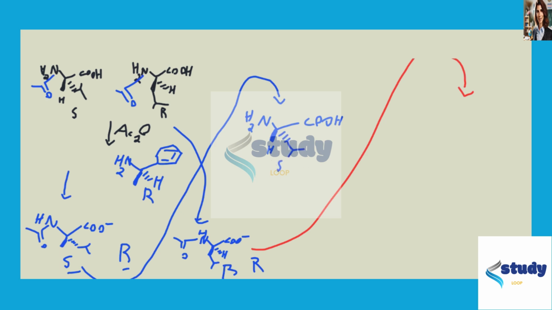We have the S enantiomer in one flask, and the R enantiomer in a separate flask. And here we have the R enantiomer separated from the S enantiomer. And as well, we regenerate our original resolving agent that we added to the mixture.